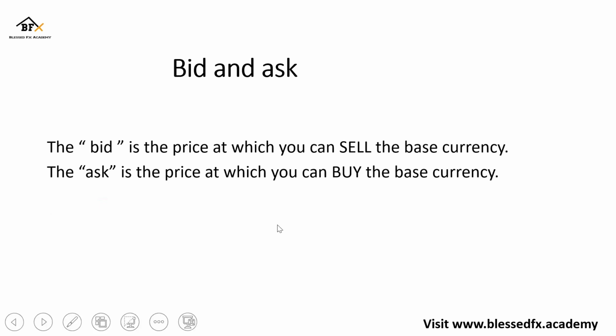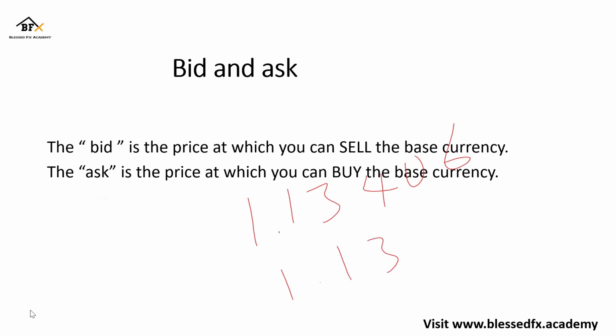It can be 1.13406 and 1.13436. So you can see that you'll be seeing 2 price levels. One is the bid, one is the ask price. That's all.